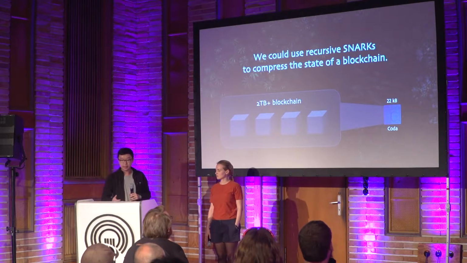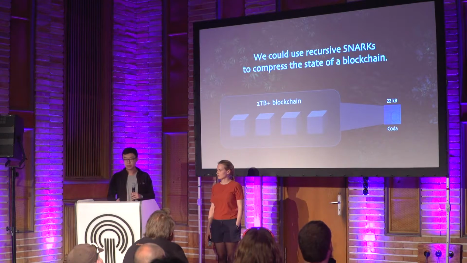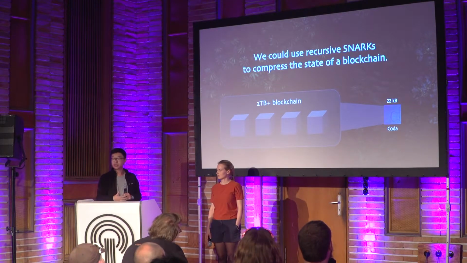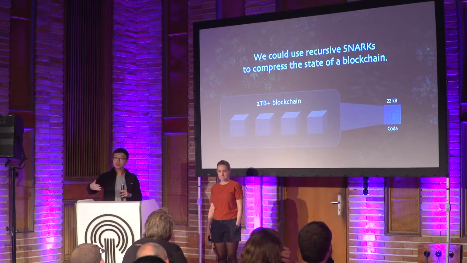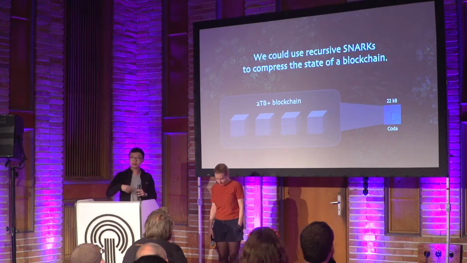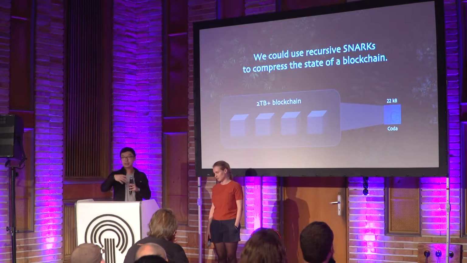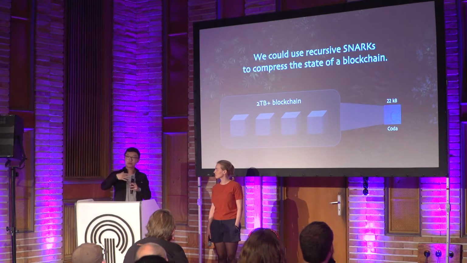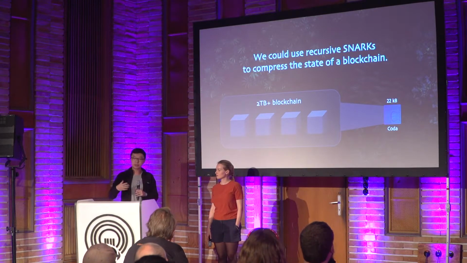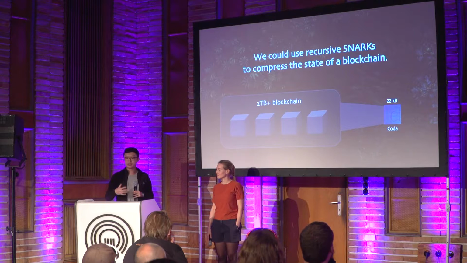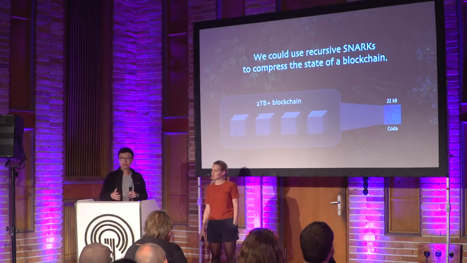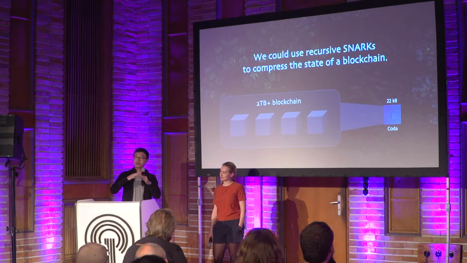And so, one technique that's been pursued is by a protocol called CODA. And the idea here is to compress blockchain state using recursive snarks. Recursive snarks are effectively proofs of proofs, and so you can think about generating a zero-knowledge proof, and then from there, using a circuit that will verify that proof to generate another proof. And using this as a building block, the high-level intuition here is to snarkify the state of a blockchain into zero-knowledge proofs, and then compress those proofs in a tree-like manner down to a single proof.